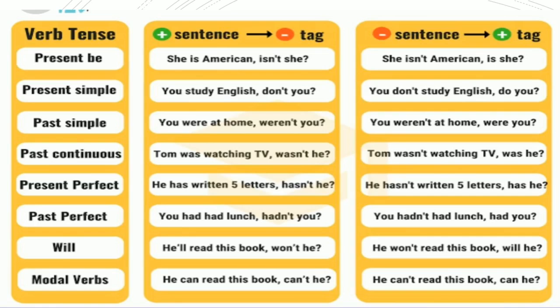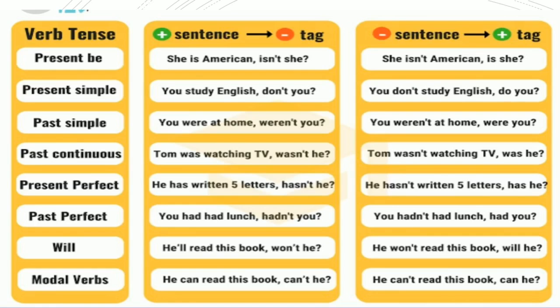Will he? Now coming to the modal verbs. He can read this book. Can't he? Now again here the subject he is given. So here the tag will also be negative. Sentence positive, tag negative; sentence negative, so the tag will be positive.